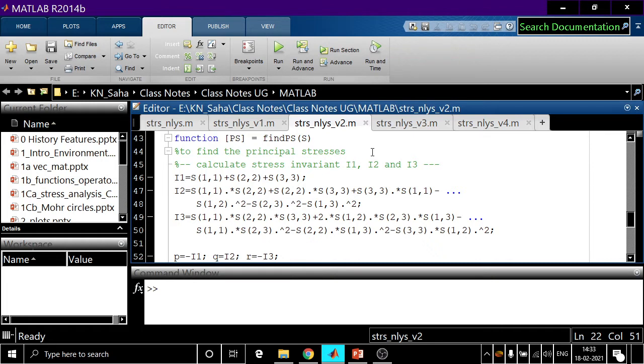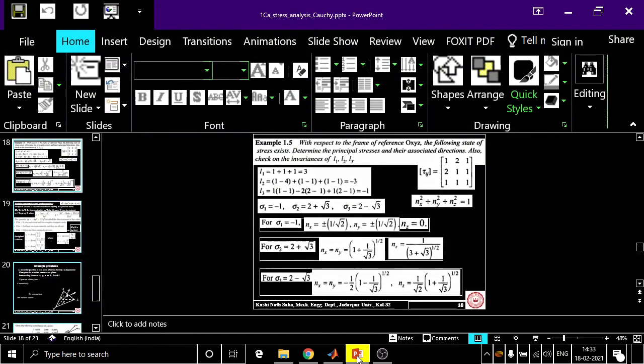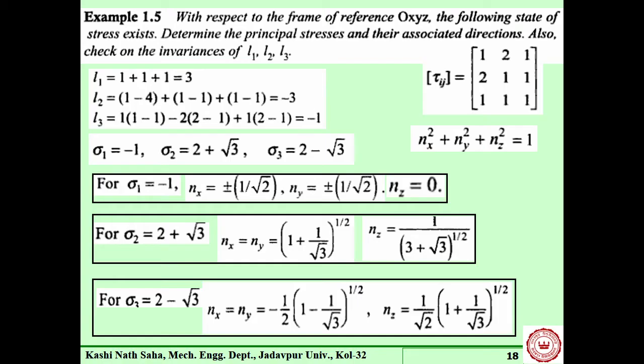principal stresses. Okay. Now regarding this determination of principal stresses, this is a particular way of finding principal stress. So this is a problem. Okay. This is the state of stress matrix given.